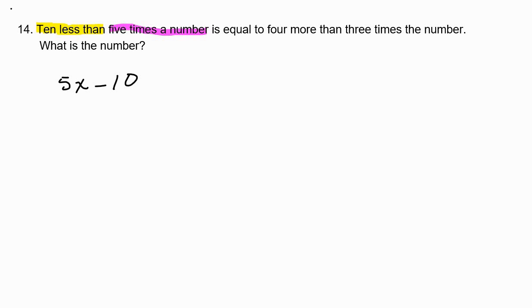And then that is equal to 4 more than 3 times a number. Right. 4 more than means I'm adding 4 to something. And what am I adding it to? I'm adding it to 3 times the number. So this is my equation.